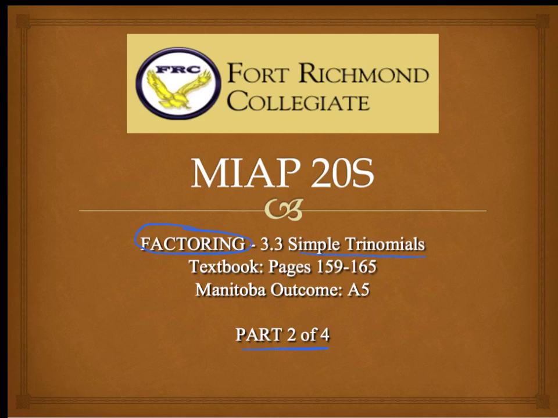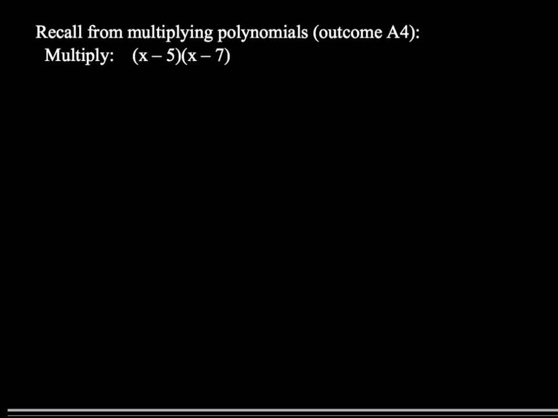So here we go. First, let's recall from multiplying polynomials, that's outcome A4, how to multiply x minus 5 times x minus 7. Well, we multiply every term of the first expression, x minus 5, times every term of the second polynomial, x minus 7. What does it give us? Well, x times x is x squared. X times minus 7 is minus 7x.